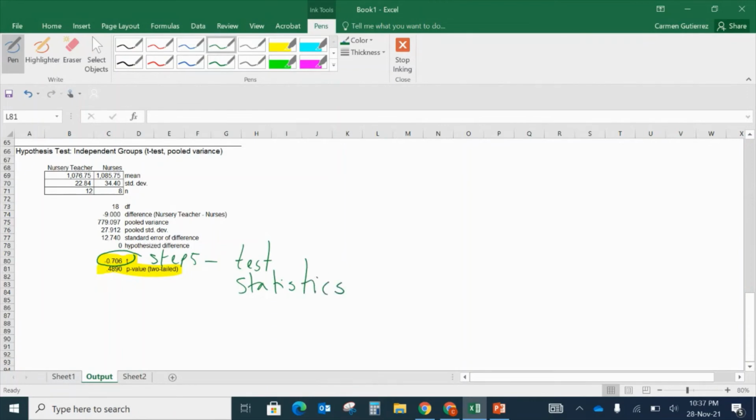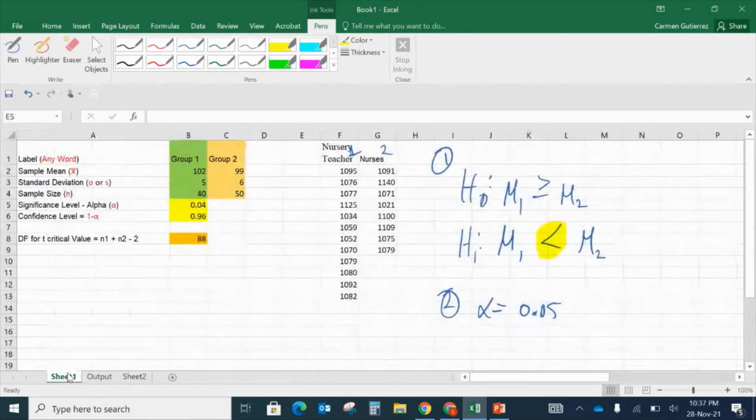Okay. Now, you get to see here, we put the numbers straight. What are the numbers? We added these columns here. Okay. Now let's see the output.